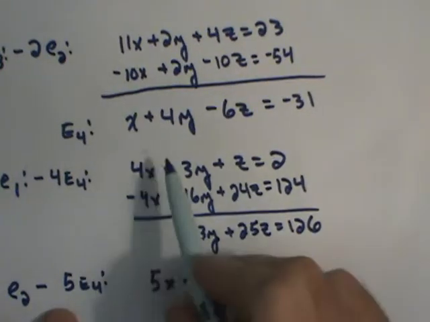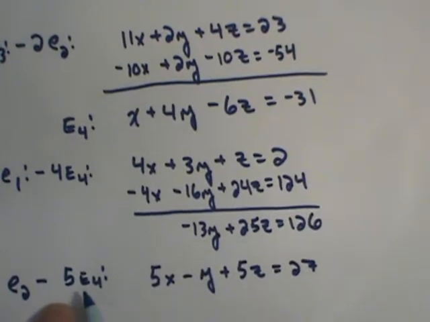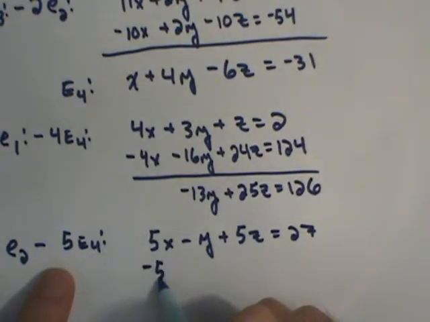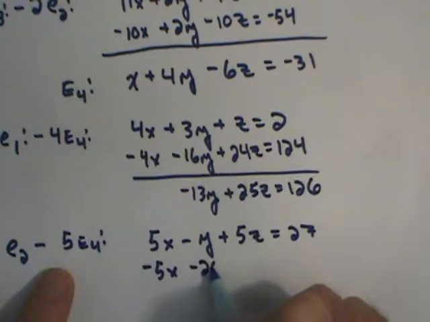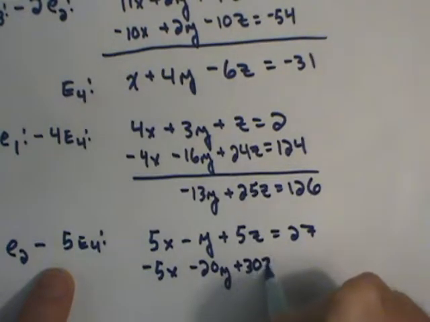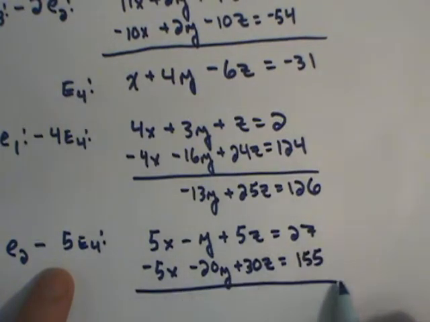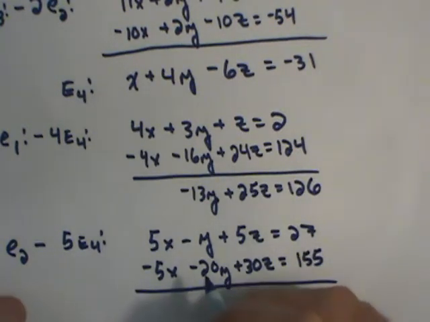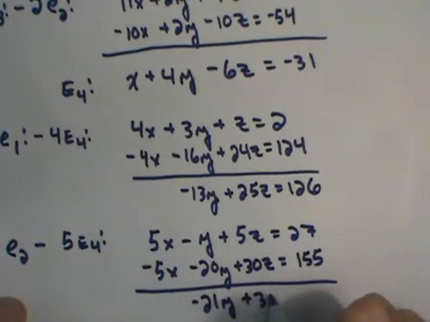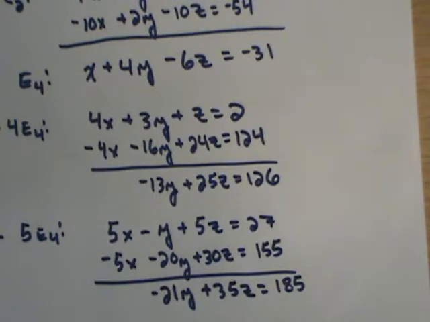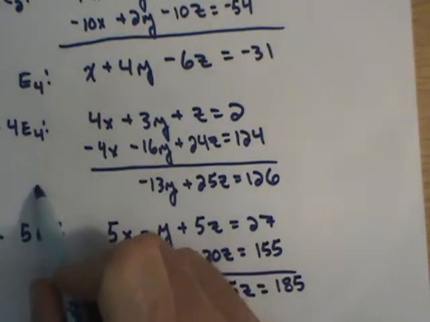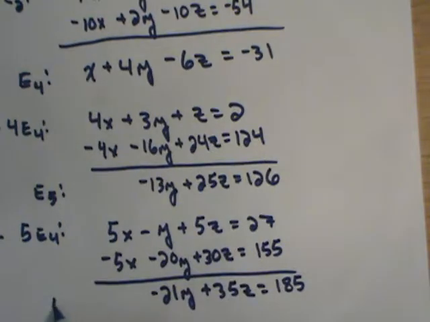As I multiply equation 4 by -5, I get -5x minus 20y plus 30z equaling 155. As I add that up, I end up getting -21y plus 35z equaling 185. Now essentially what I'm looking at is this fifth equation here and this sixth equation here.